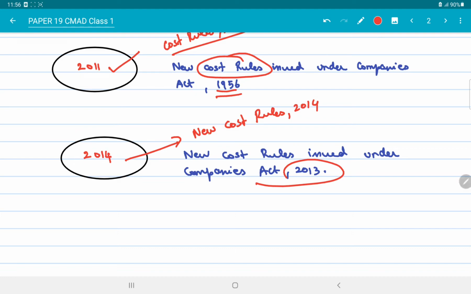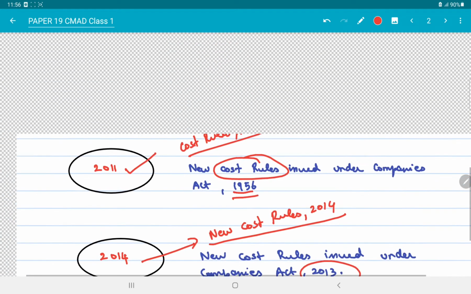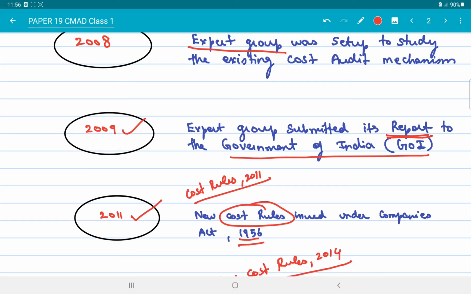Actual cost rules were implemented to ensure that there is a proper cost audit mechanism, proper maintenance of cost records.